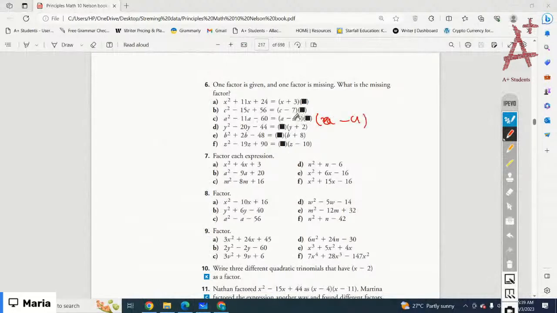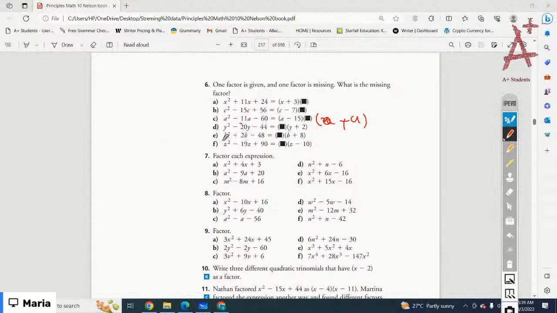Also, when you add, negative 15 plus 4 makes negative 11, right?